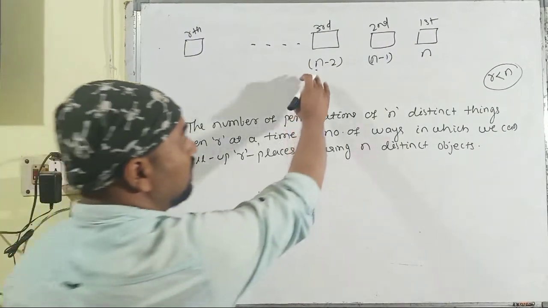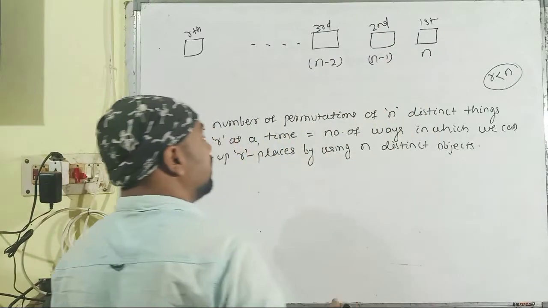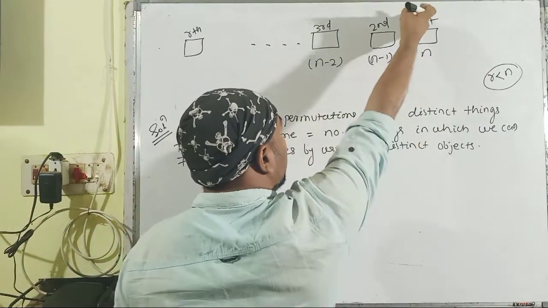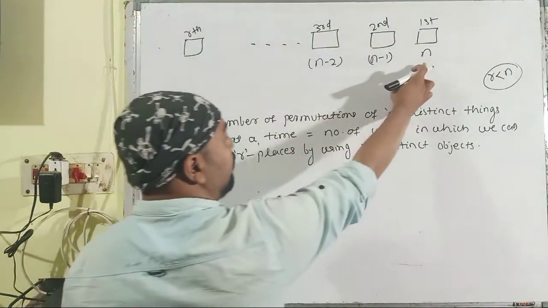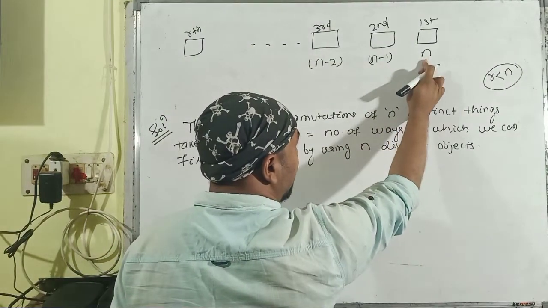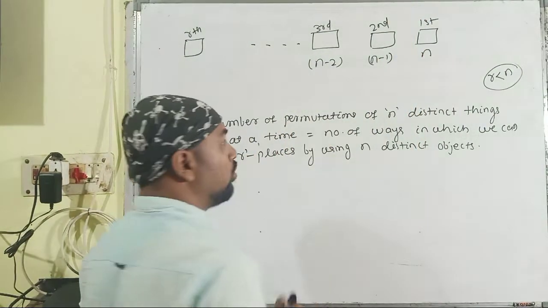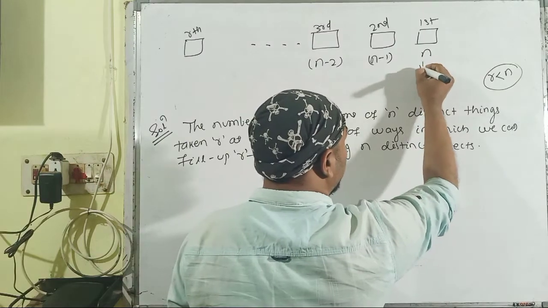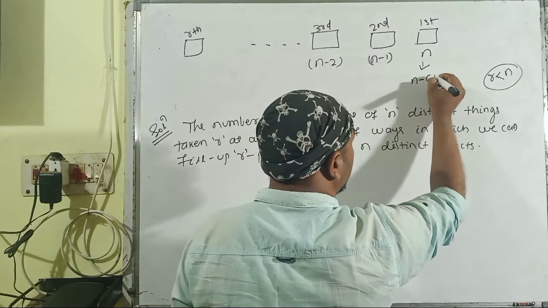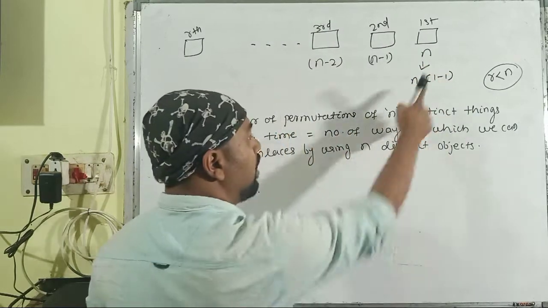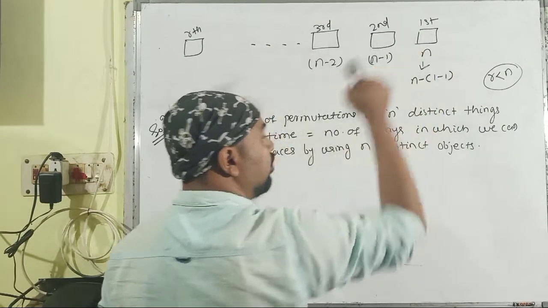Let us convert this data into another form, and we have to express them according to their position. Suppose we have to express n in terms of 1. How can we express it? n can be expressed as n minus 1 minus 1; 1 minus 1 is 0, so n minus 0 is equal to n.